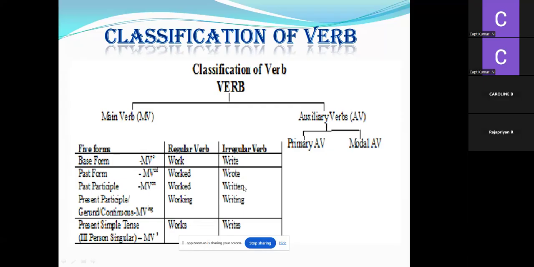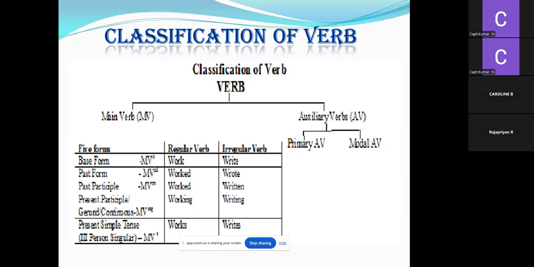And for irregular verbs, it is written, given, taken. Sometimes the word does not change at all: cut, cut, cut. So cut is the past participle also. Then comes the present participle, or the gerund. That's the ing form we use in continuous tenses: working, writing.